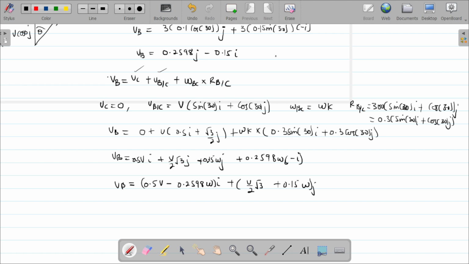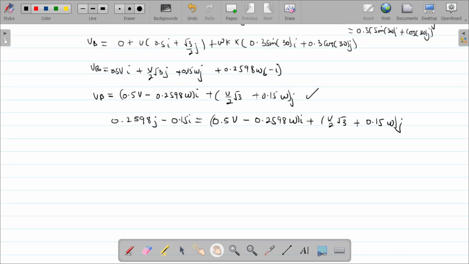All right, so since this vB and this vB are the same, we can say that 0.2598 j minus 0.15 i is equal to 0.5 v minus 0.2598 omega i plus v on 2 root 3 plus 0.15 omega j.